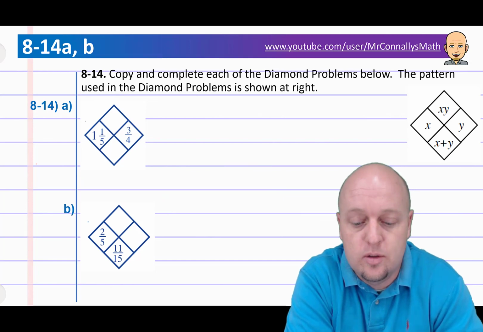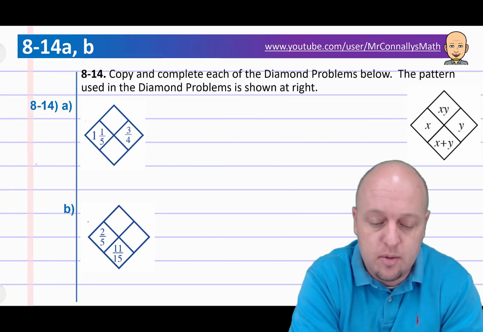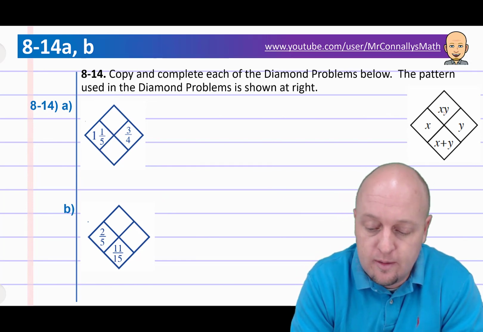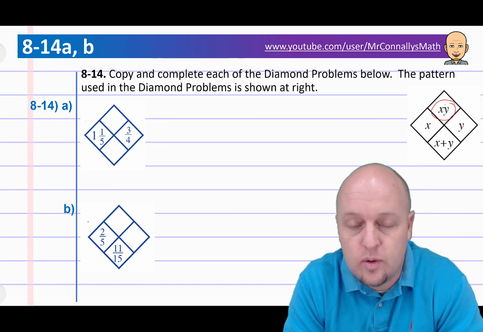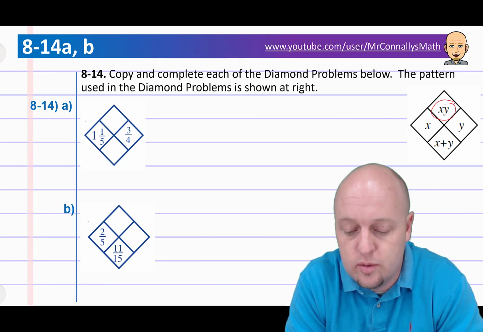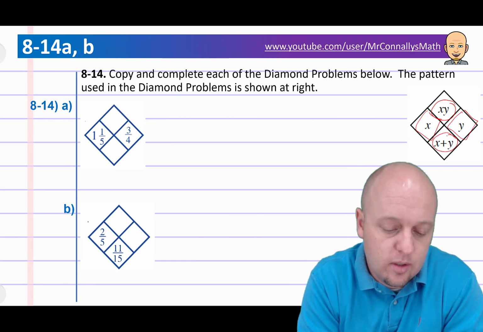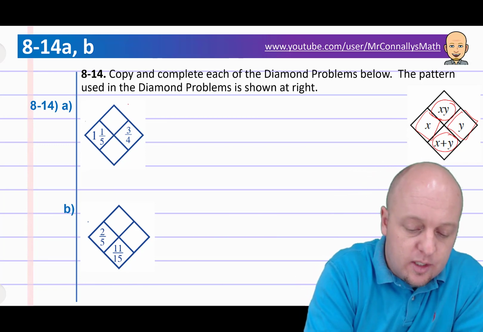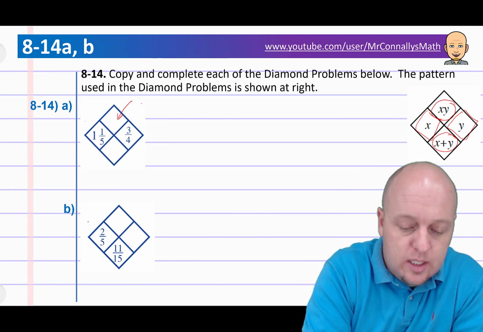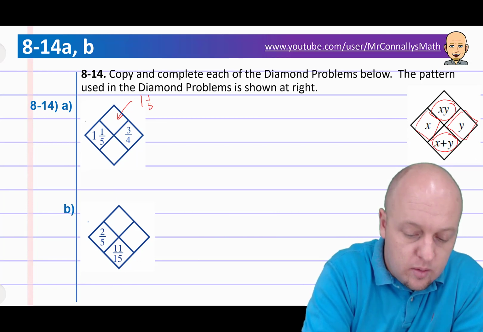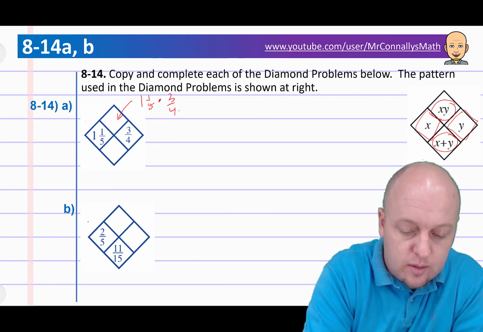Question 14. Let's do some diamond problems. Remember, the top part is going to be the product of the two numbers on the side, x and y. And then the bottom number is their sum. Okay, so basically that means for this part right here, we just need to take 1 1/5 and we want to multiply it by 3/4.